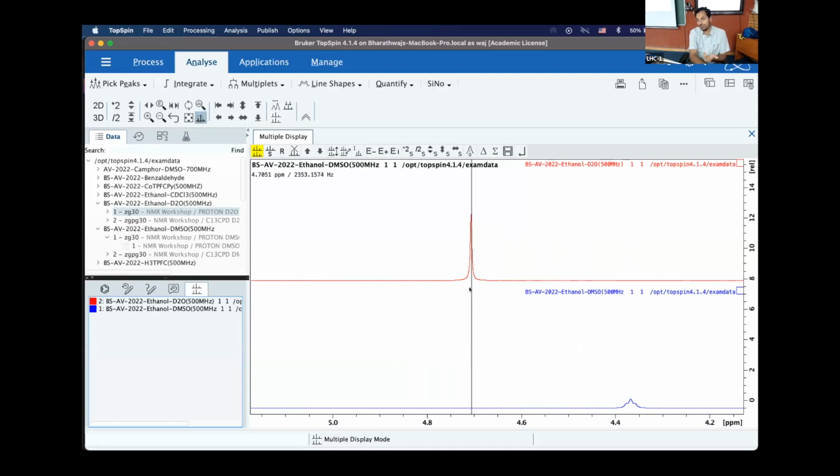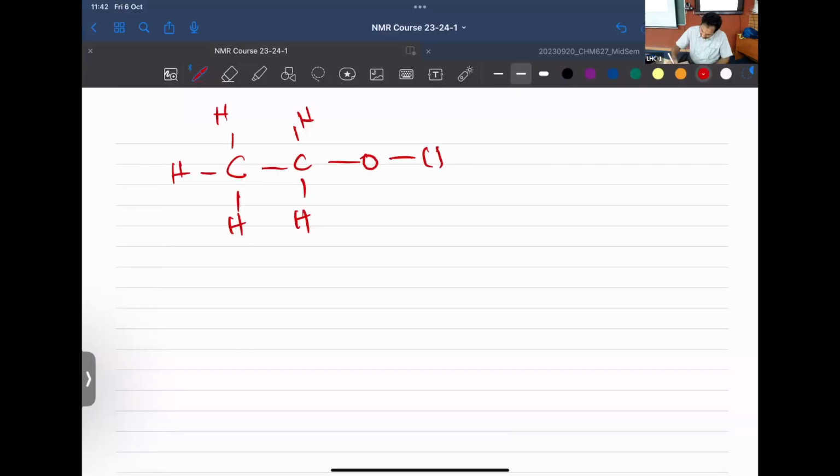This could be the water proton itself, because at the point that you have more H2O than ethanol, it's going to exchange all the ethanol protons. But anyway, the hydroxyl proton comes up here. This is very clear because if you think about the chemistry, you're talking about the hydrogen bonding ability of this guy with respect to D2O or HOD and DMSO. What is DMSO?